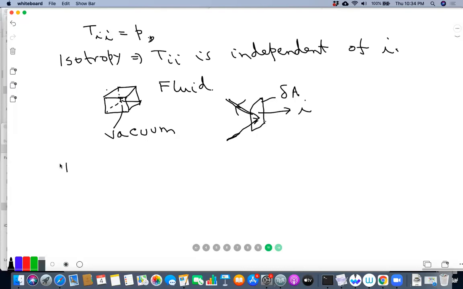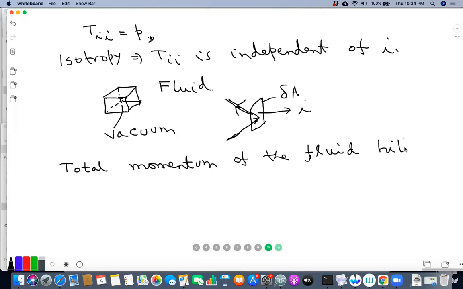So, we want to calculate the total amount of momentum of the particles of the fluid hitting the wall per unit time.